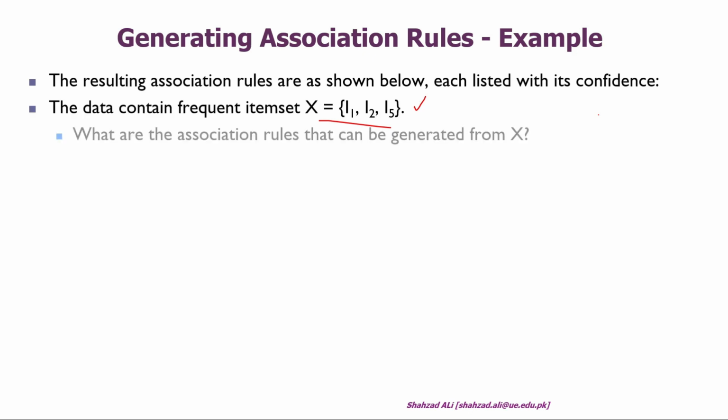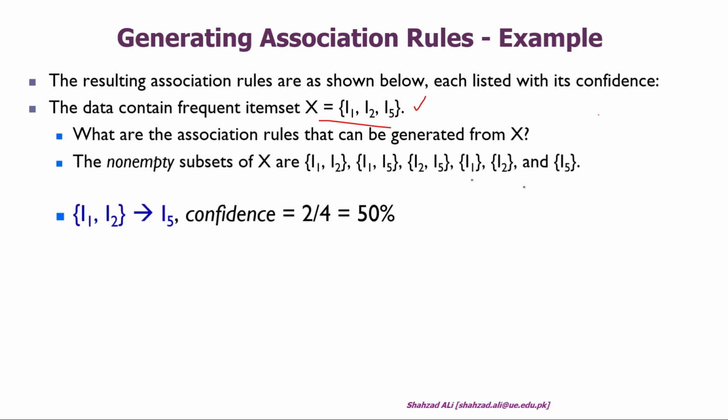This is our subset S and this is our frequent item set I. So how can we generate an association rule? S implies I minus S. So for I1, I2, I minus S gives us I5.